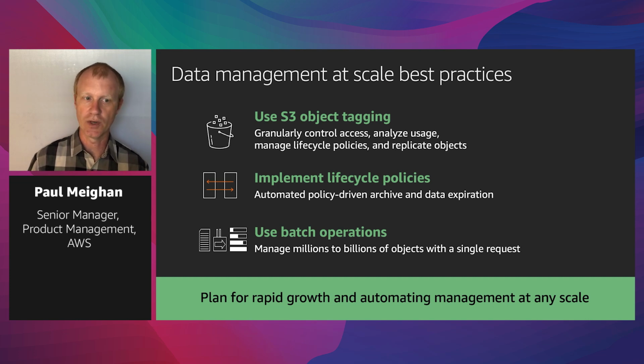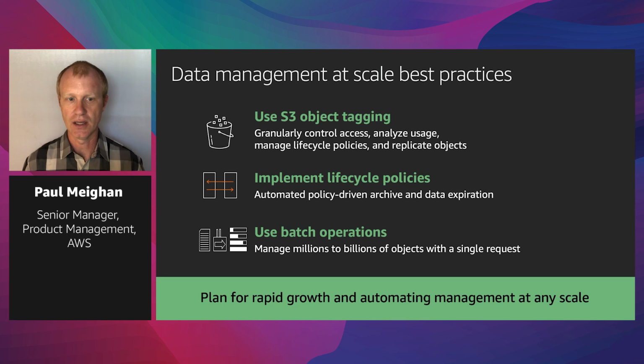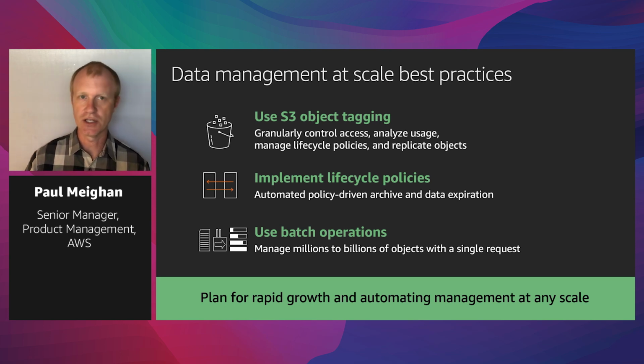This way, if you want to use features like lifecycle policies or replication downstream to tier your data, manage retention periods, or replicate to a second AWS region, and you've tagged your data with object tags as it's come in to the data lake, you've got some additional metadata that you can write policies against, and it can really help you to write much more effective replication and lifecycle policies downstream.